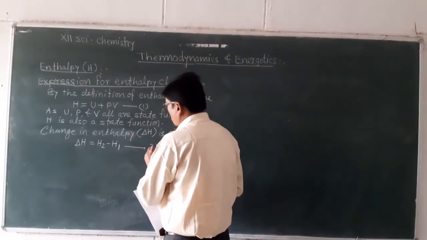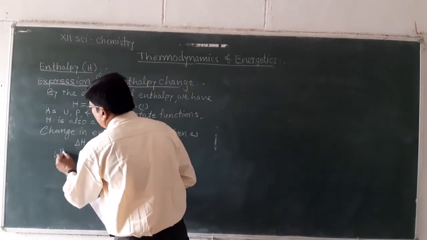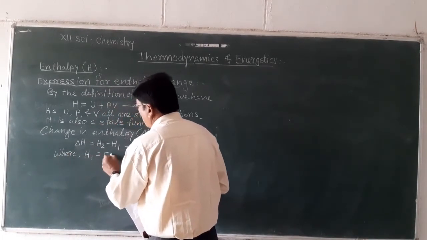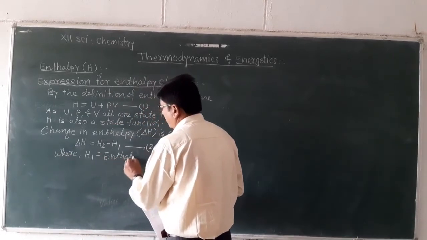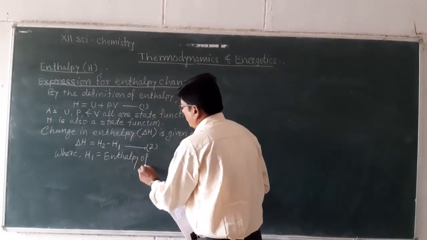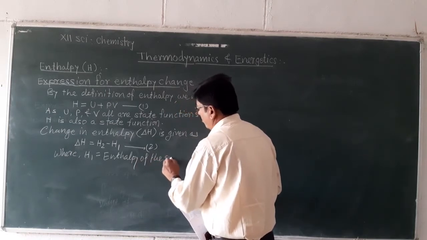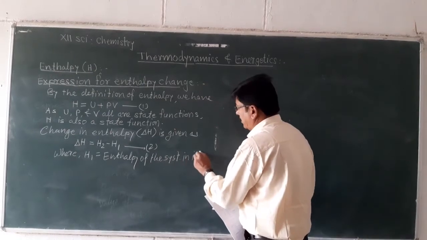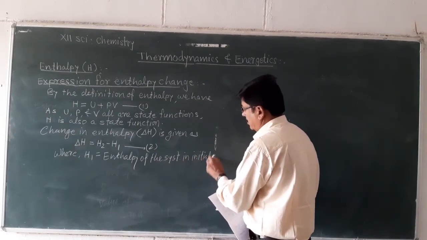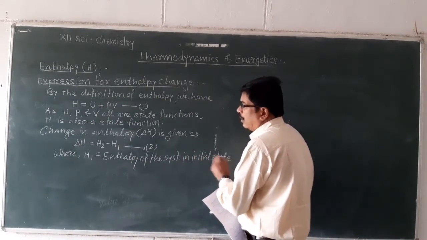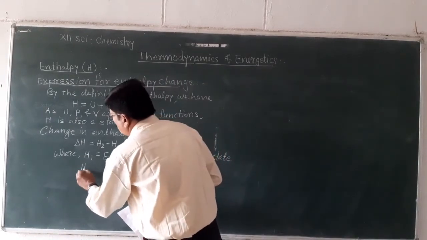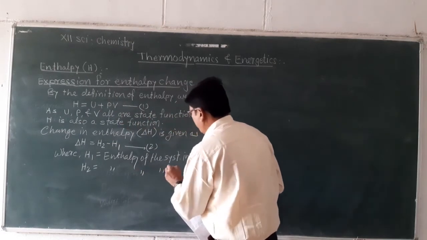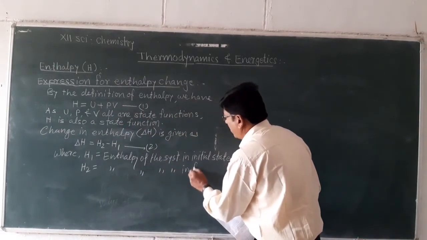This is equation 2, where H1 is enthalpy of the system in initial state and H2 is enthalpy of the system in final state.